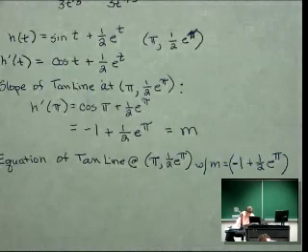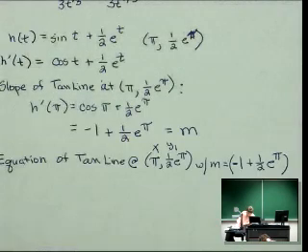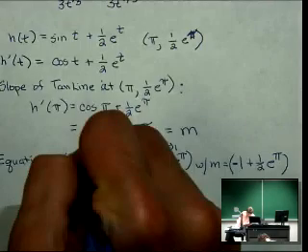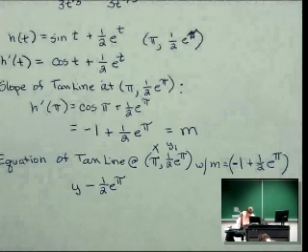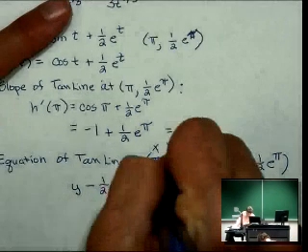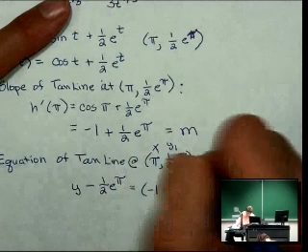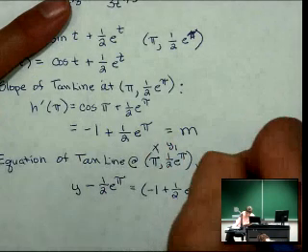That's my m. This is my x1. This is my y1. y minus y1 equals m times x minus x1.